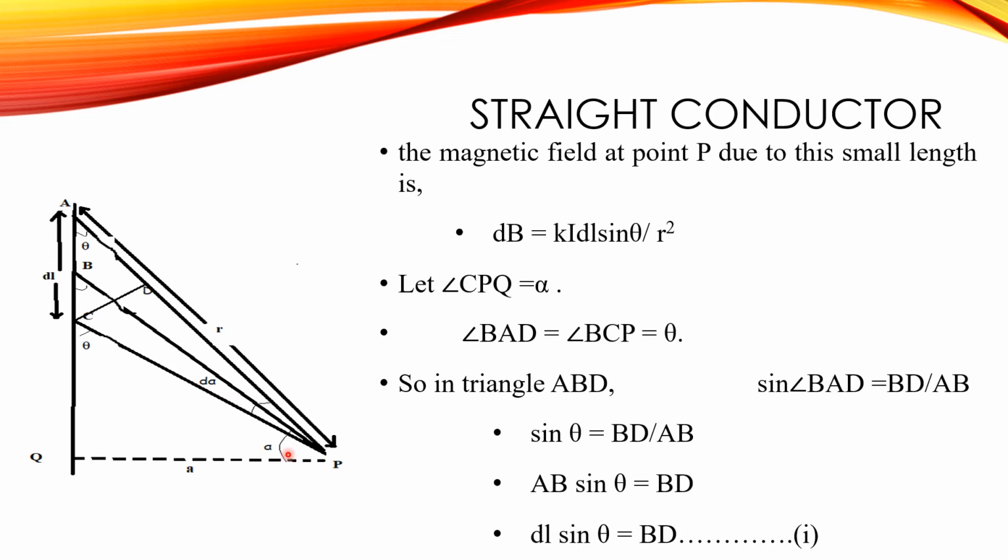So the angle BAD, this BAD, here we have D. We have considered this as a straight conductor. We had considered this dl as a small element of the conductor. We have considered this point P, which is close to the conductor at a distance A.